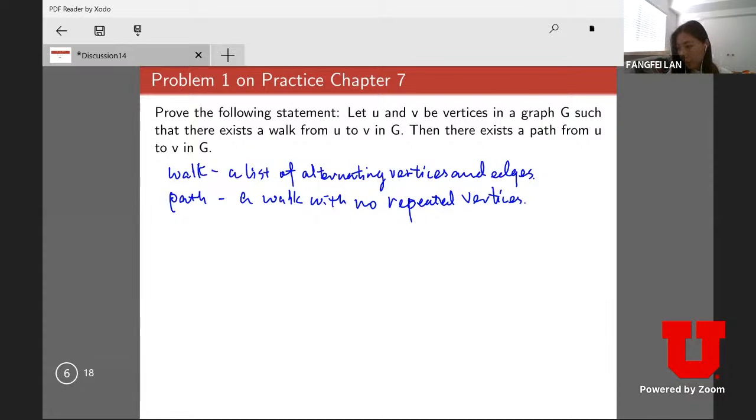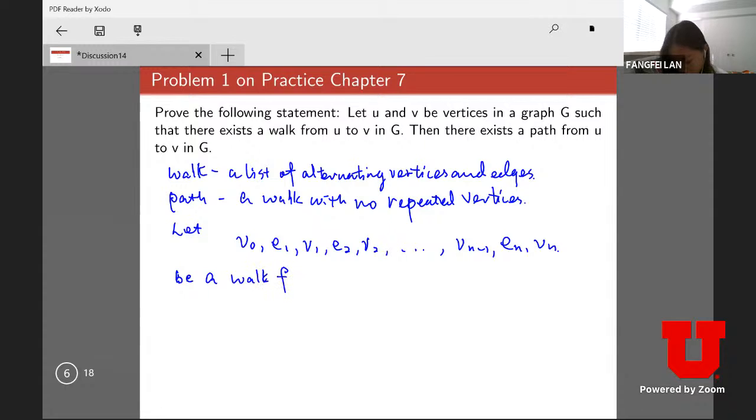So what we're going to do is say let V0, where V's are vertices and edges are E's, V0, E1, V1, and so on, Vn minus 1, En, and Vn, be a walk from U equal to V0 to V equal to Vn.